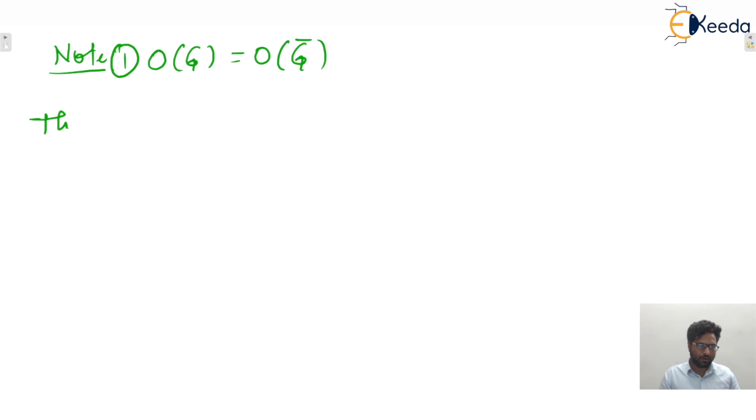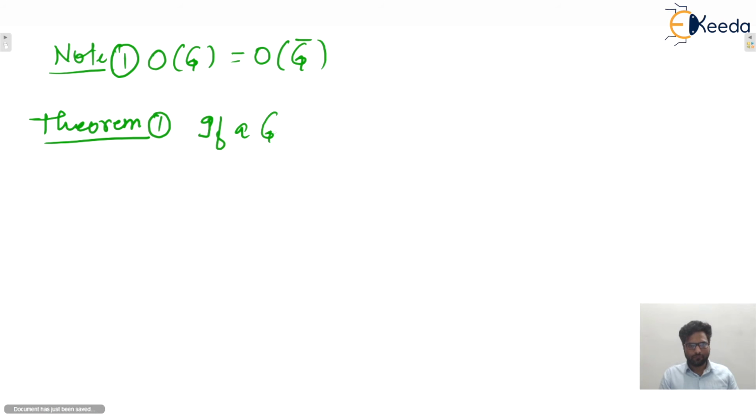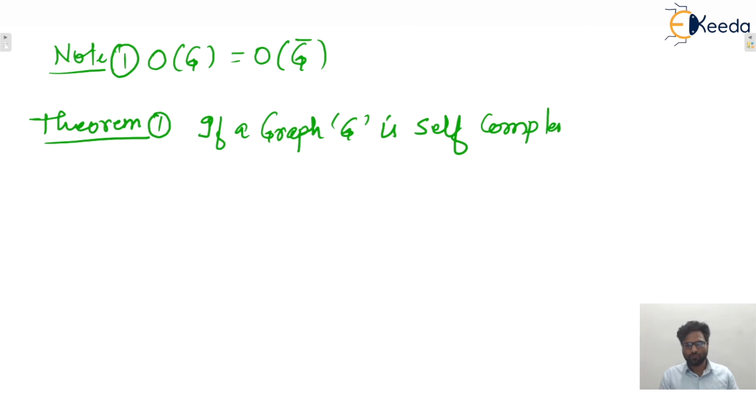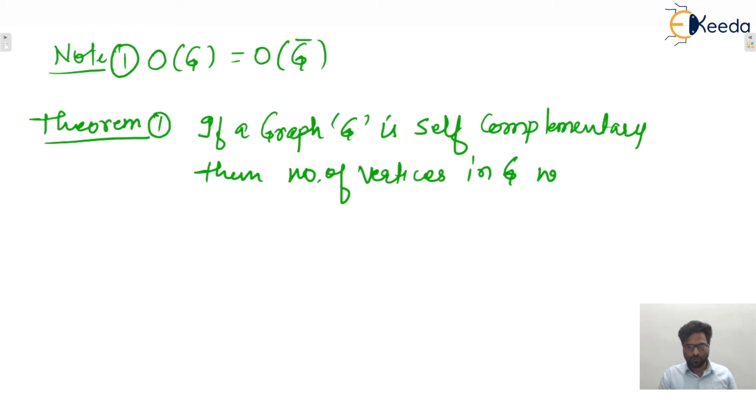Theorem number 1, that is important. If a graph G is self-complementary, then the number of vertices in G will be 4x or 4x plus 1.